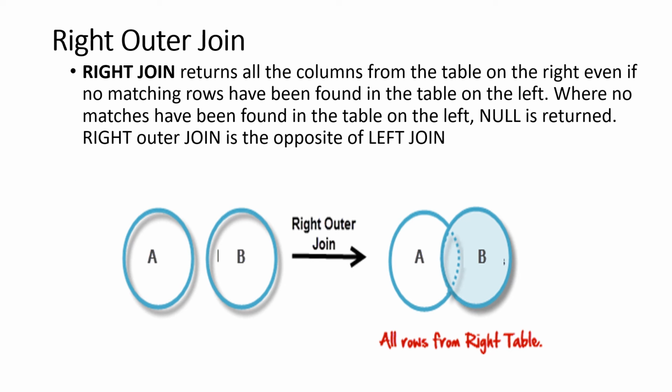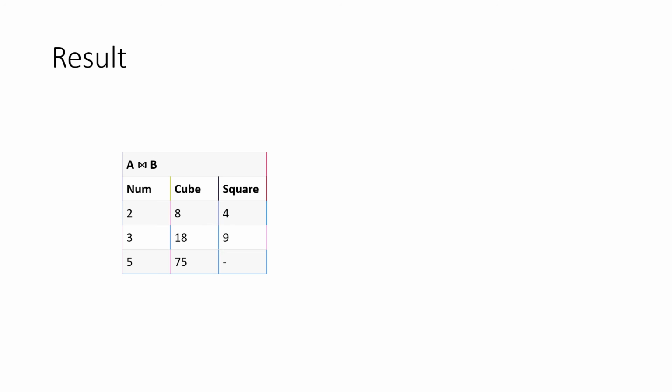The same happens in right outer join, but the difference is that here we take all the rows from the right side table. See, all the rows from the right side table, the shaded portion represents. Then the result from the same two tables, we get 2, 3, 5.